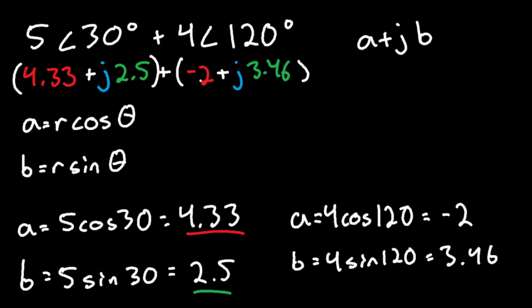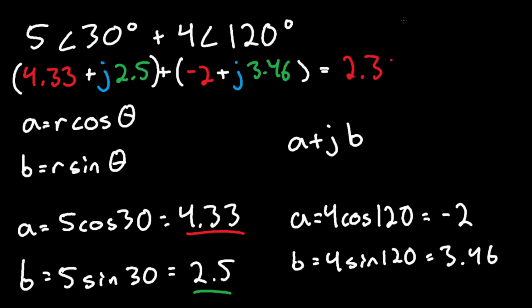So 4.33, let's move this, minus 2 is equal to 2.33 plus j plus the imaginary numbers together. So this is just 2.5 plus 3.46. And this is equal to 5.96. And once you get this, well, you have to have another step.